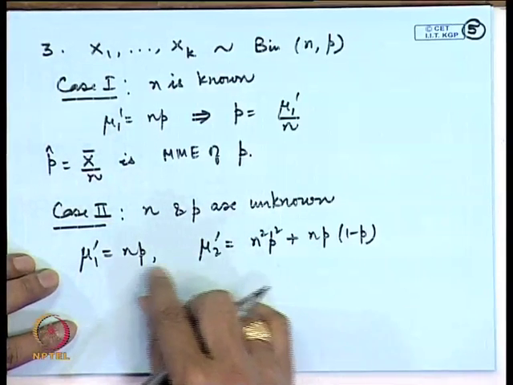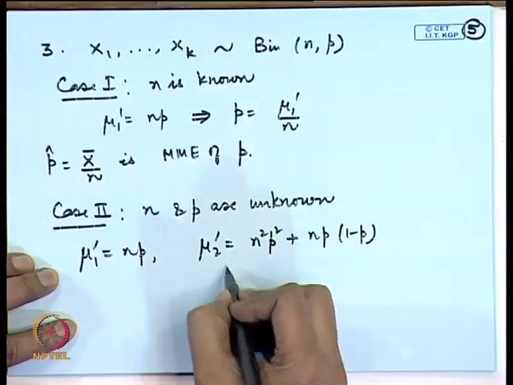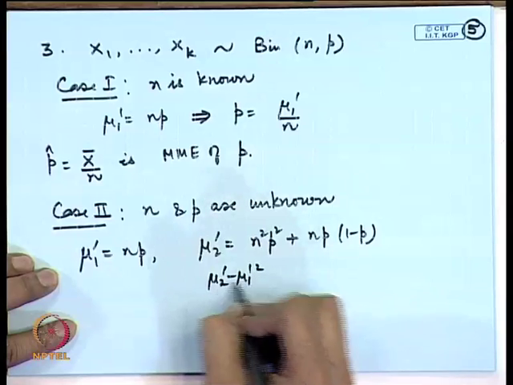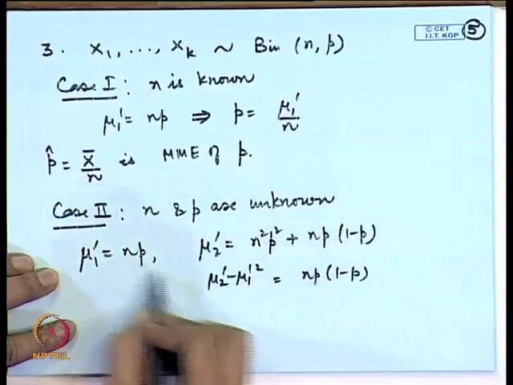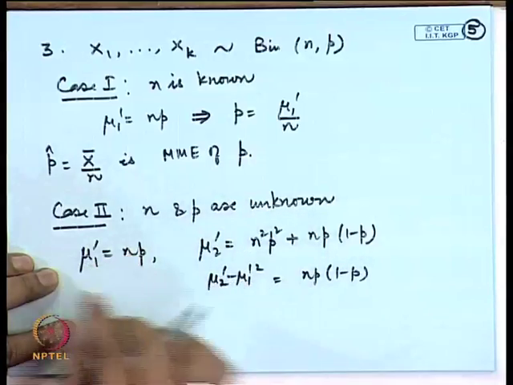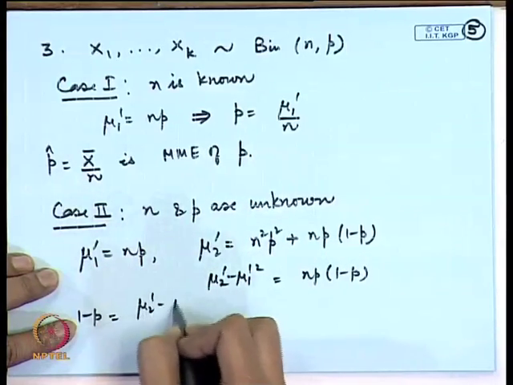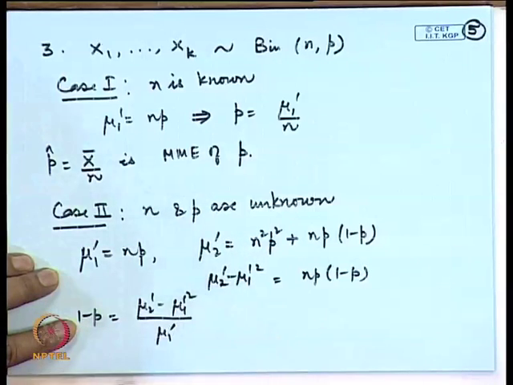Now, we can solve this equation actually, if we take up say mu 2 prime minus mu 1 prime square, I get np into 1 minus p. So, if I divide this equation by this, I get 1 minus p is equal to mu 2 prime minus mu 1 prime square by mu 1 prime.